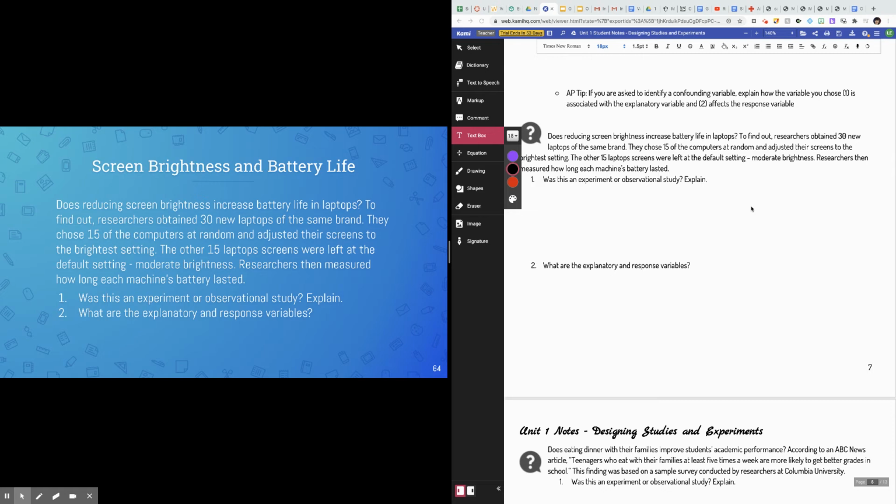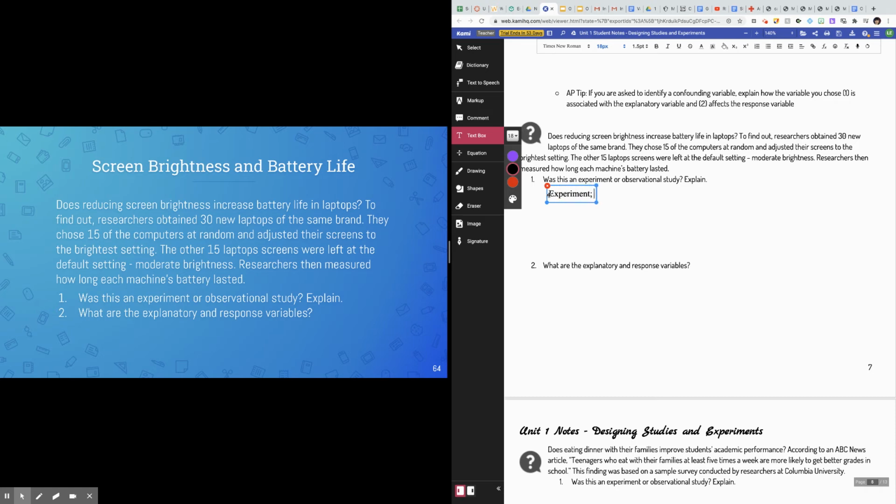They chose 15 at random and adjusted the screens to the brightest setting, and the other 15 were left at the default setting. Then they measured how long the batteries lasted. So the first question is, is this an experiment or an observational study? I'm hoping this is fairly obvious because we are in the section on experiments, but this is an experiment.